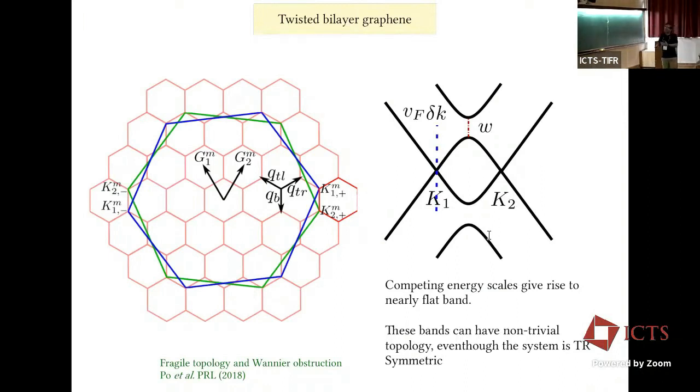So any Chern number you generate has to be compensated by an opposite Chern number of some other band. Typically, at the K value I have a Chern number C, and at the K prime value I'll have a Chern number minus C, and the overall Chern number will be 0. But individual bands can have Chern number. Okay, this is broadly what is called fragile topology. You can generate bands with non-trivial topology in a fairly tunable manner because you have multiple tuning parameters. For twisted bilayer graphene, it can be the twist angle, for example.